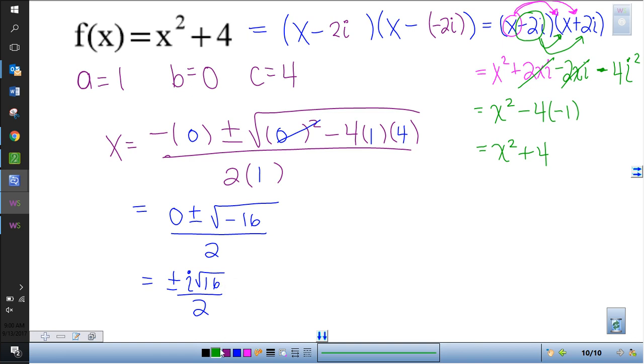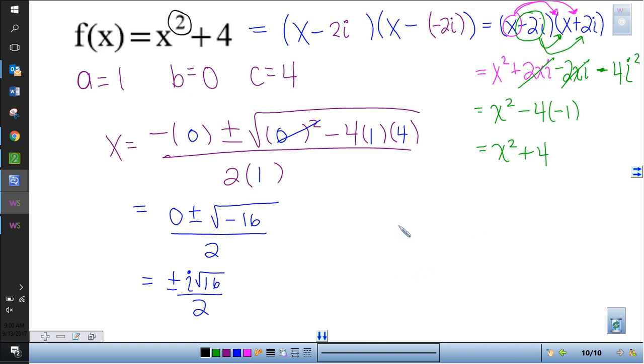So basically what the fundamental theorem of algebra tells us is that my exponent up there tells me how many roots I will get. It does not necessarily tell me that they will all be real roots, but I will have 2 roots. Here I had 2 imaginary roots. The previous one I had 2 real roots, and the one before that I had 2 real roots.